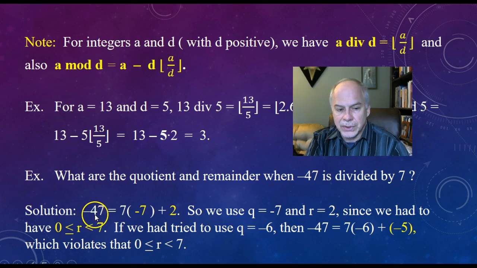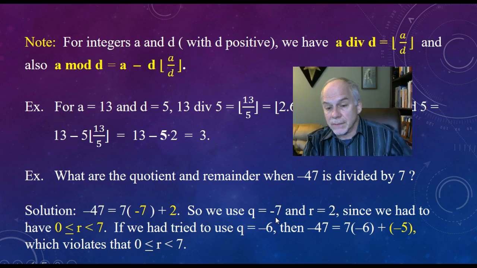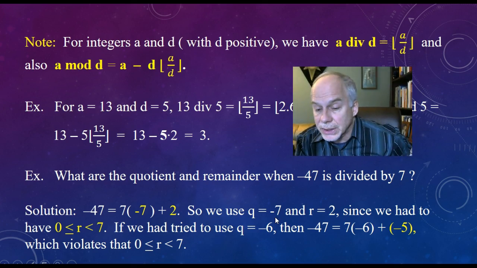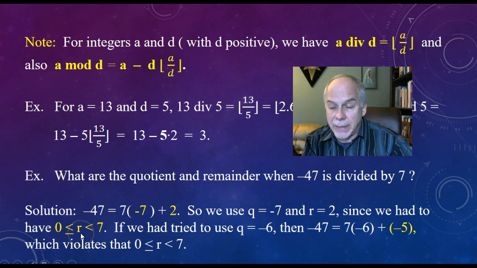All right, so the solution says negative 47 is 7 times negative 7 plus positive 2. So we're going to use the negative 7 for the quotient, and the remainder being 2, since we had to have the remainder be a positive number between 0 and 7.